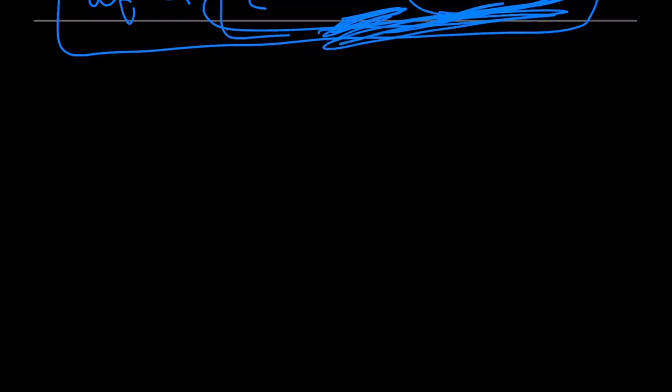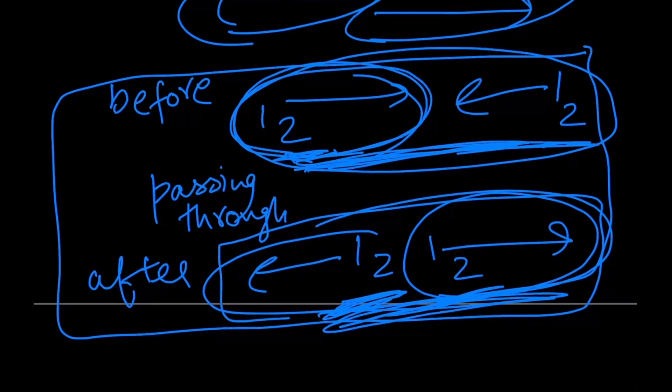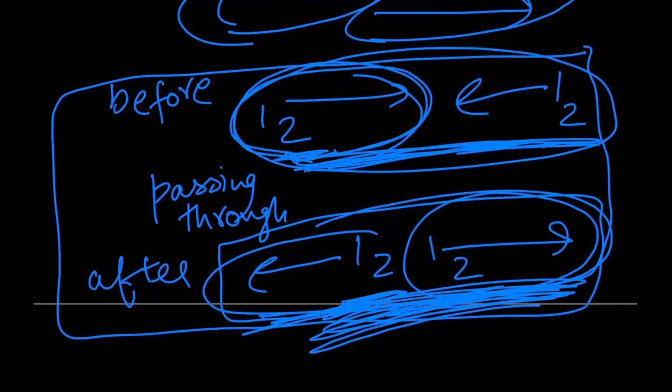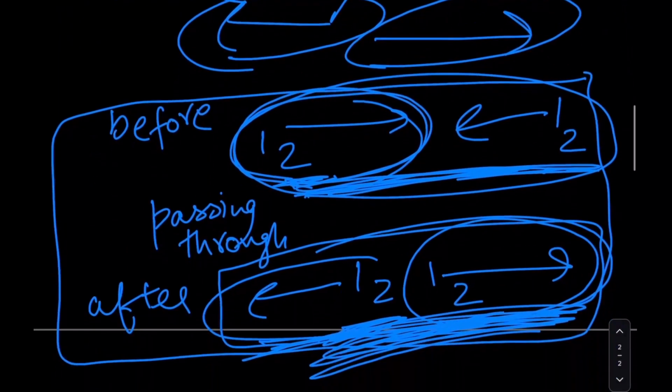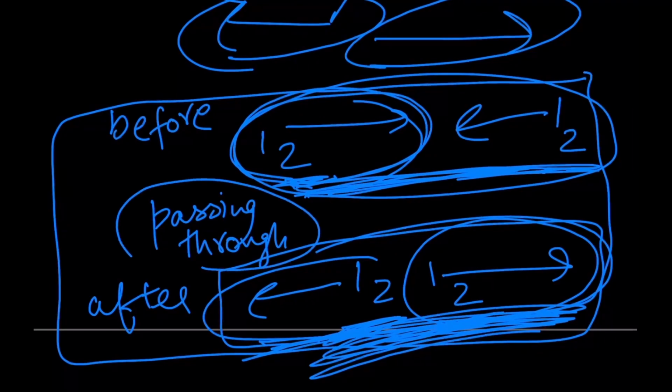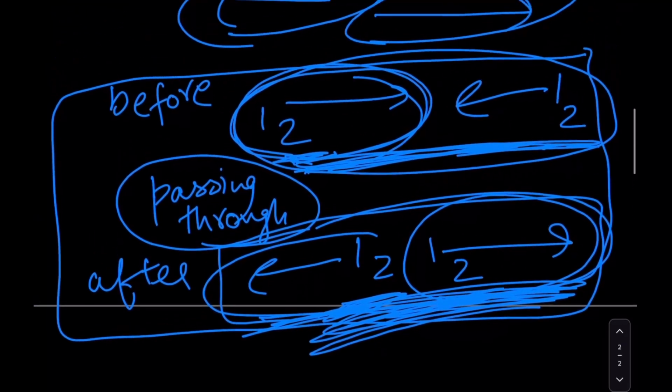But from the entire system's POV, we still have two zombies going in these two directions, and afterwards we have two zombies going in these two directions, which from the system's POV is completely identical. And all we need to do is, in the earlier case, we were counting each collision as one increment to the counter. In this case, we just need to consider each pass through of two ghost zombies as an increment to the counter. Right? Try to pause over here and think about this particular point.